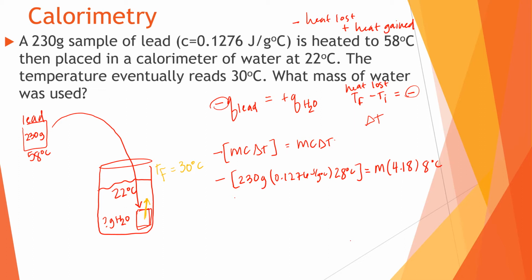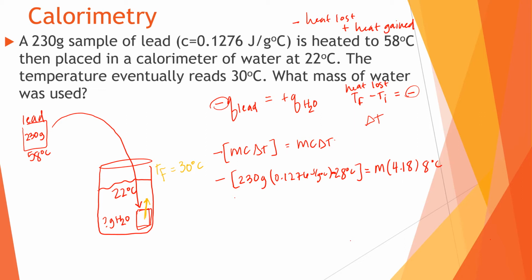So now, if we think about it, the lead went from 58 to 30. So final minus initial, that's where we get negative 28. But then, of course, this negative and this negative make this whole side now positive. So I'm going to multiply the left-hand side together. Whoops.